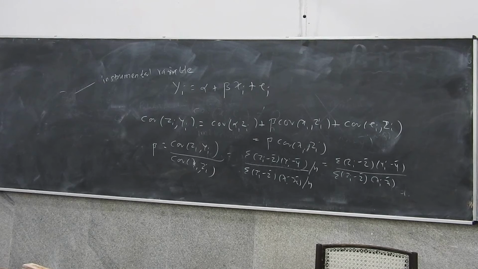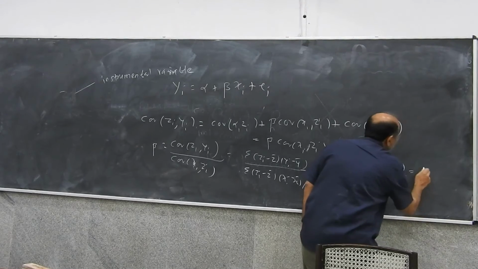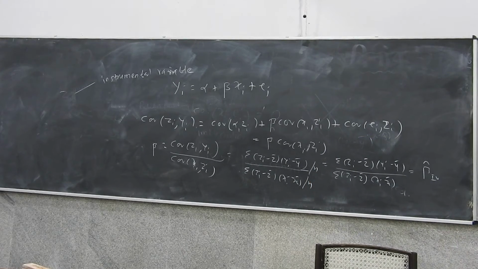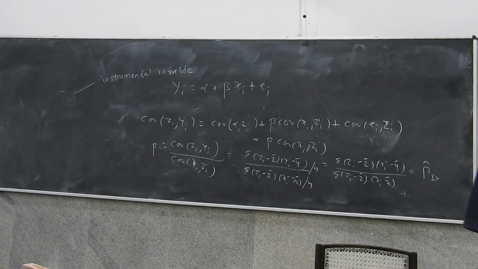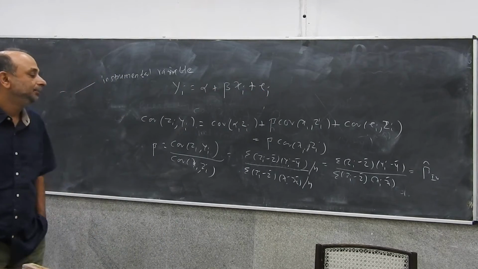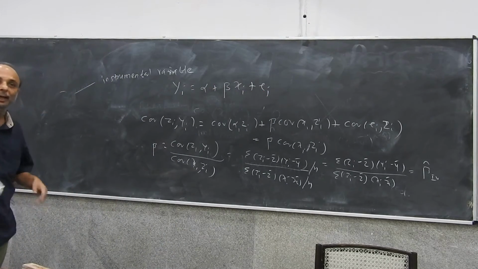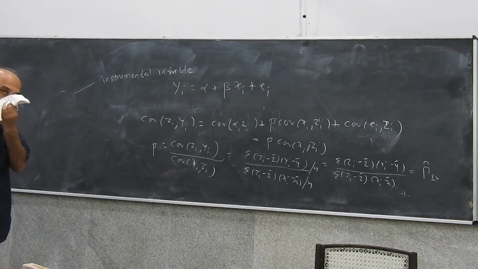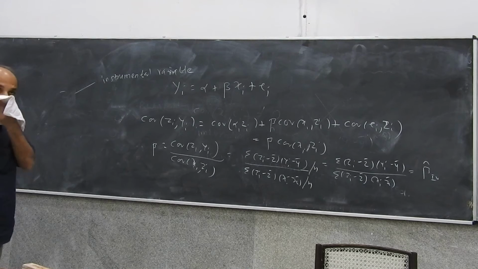Because the OLS estimator is summation xi minus x bar, y minus y bar upon summation xi minus x bar square. So we'll give this another name, beta hat IV, the instrumental variable estimator. Okay? So beta hat IV is what we call an instrumental variable estimator.